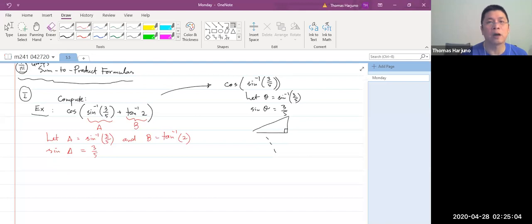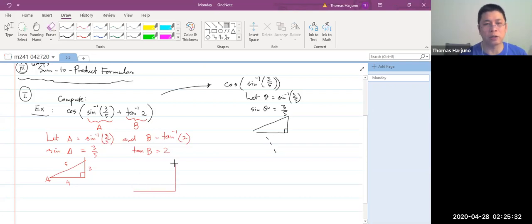And then if I draw the triangle, let's say this is A here, this is 3, this is 5, so this must be 4. And tangent B equals 2, which, if I draw the triangle, if this is B, this is a right angle, it is 2 over 1, so this will be square root of 5.